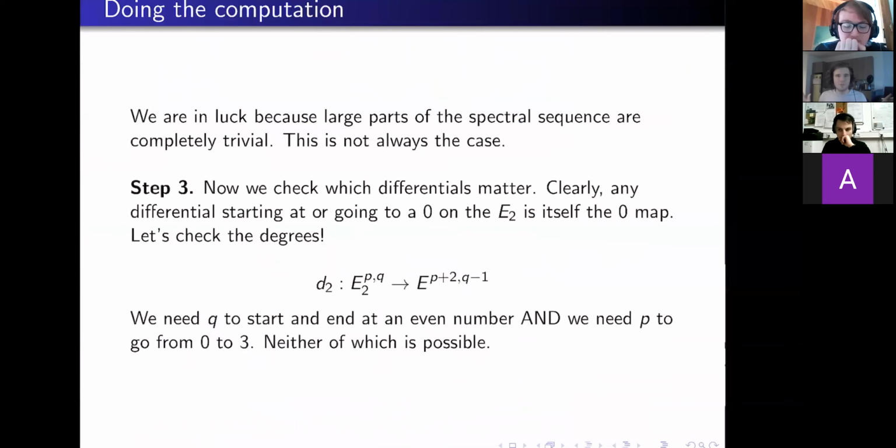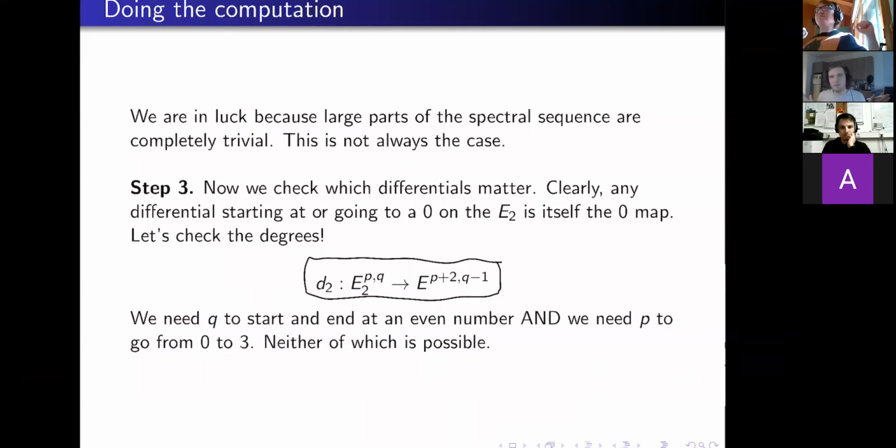On the E2 page, most of the differentials are going to be trivial. Why is that? Well, let's think about where it goes. D2 sends (P,Q) to (P+2, Q-1). Now remember our requirements. We have to go from 0 to 3 in terms of P, and we have to go from an even number to an even number in terms of Q. If we don't do that, we're either landing in a 0 or we're coming from a 0.